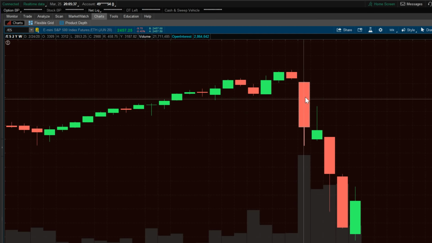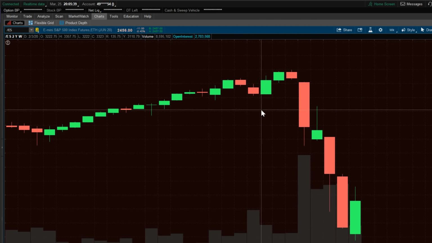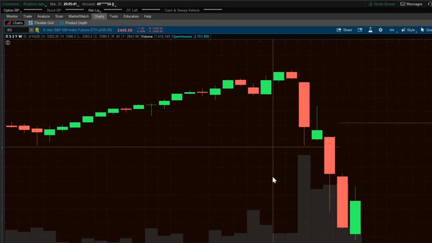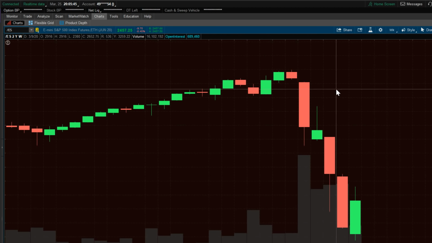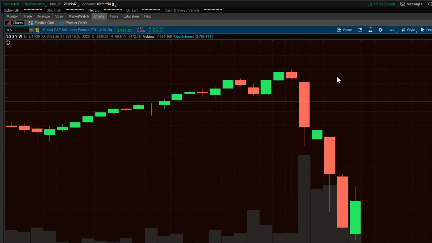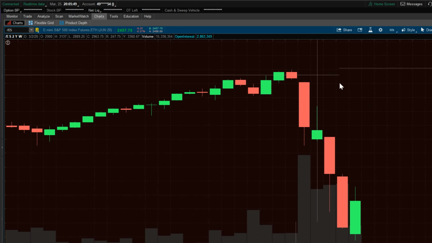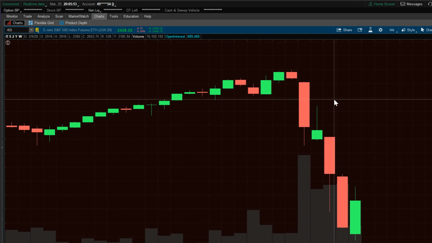So let's take a look at how these candles are formed. These are based on time. This is a time chart, and there are different types of charts. When you go throughout your trading journey, you may look at things like tick charts or volume charts.